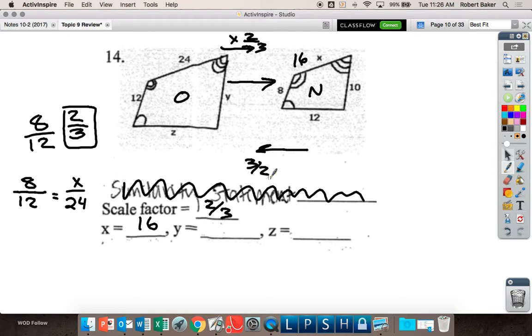That's like 15 divided by 2. What? Right? You don't believe me? Calculator. 10 times 3 is 30. Divided by 2 is 15. So y is 15. And then 12 times 3/2 would be 18.